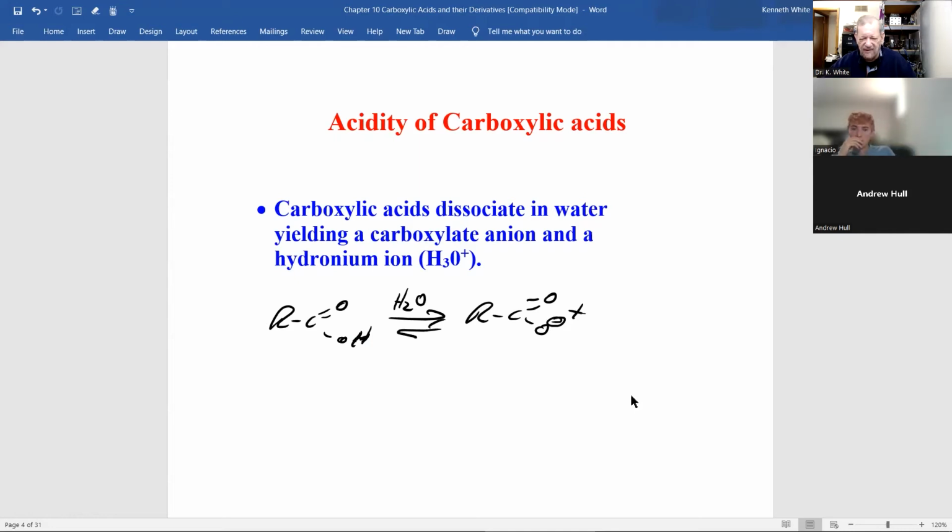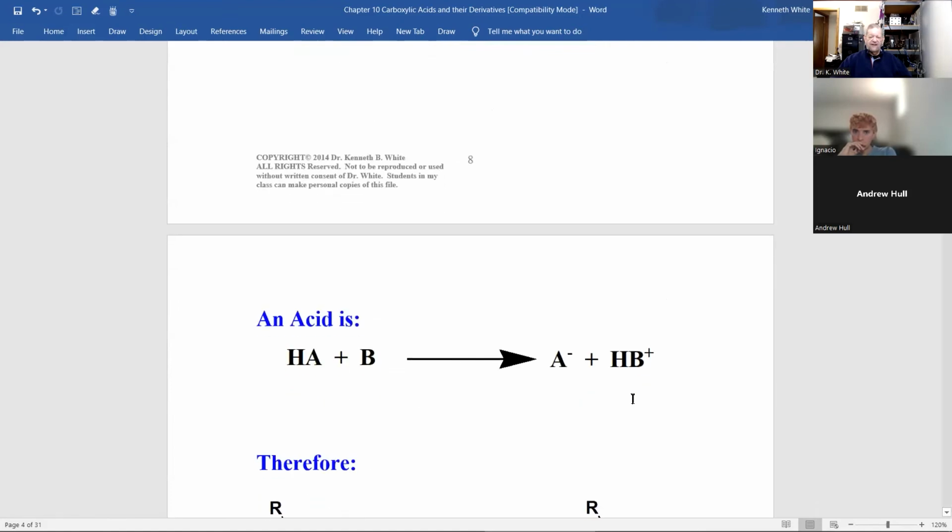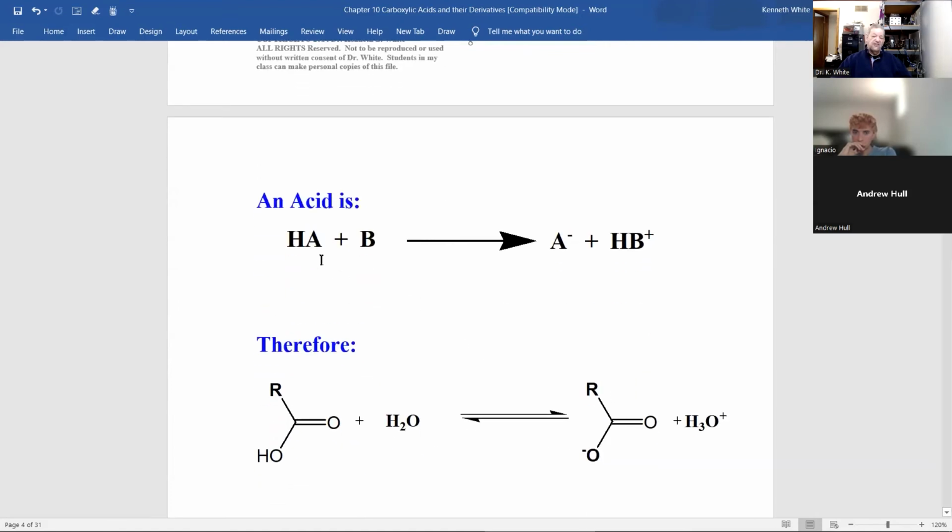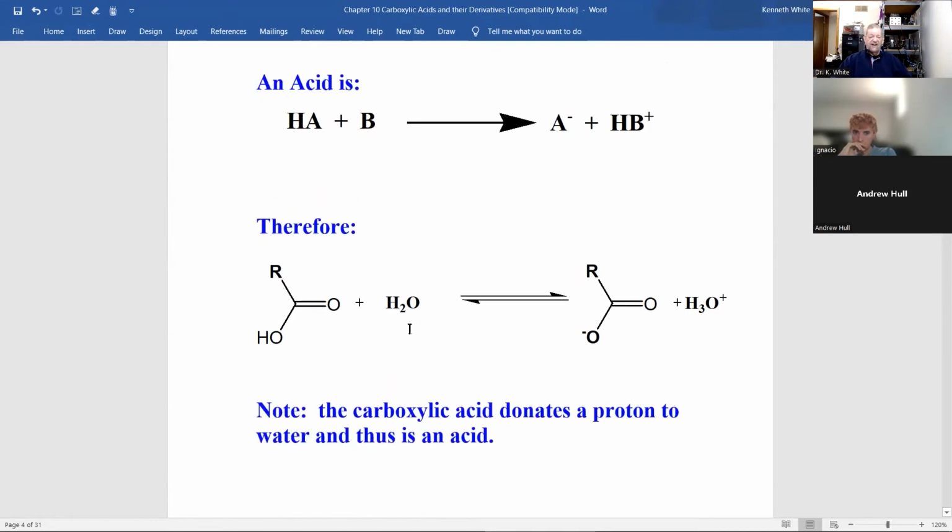It's in equilibrium to give us this. And that's the definition of an acid. It's a proton donor, H plus, and it donates a proton to water. Now, why is an acid an acid? Here's HA, acid base. You have this, and I have the same thing.